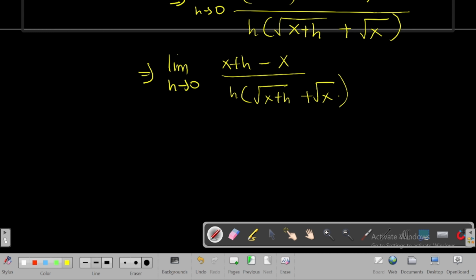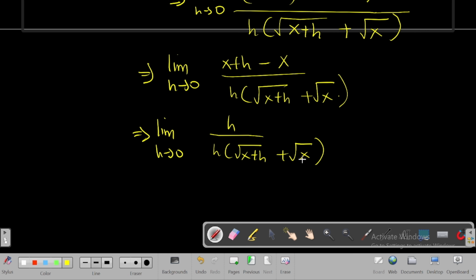From here you can see that the limit as h approaches 0, now x minus x will cancel out, so we'll have only h all over h into bracket square root of x plus h plus the square root of x. H cancels h, right?